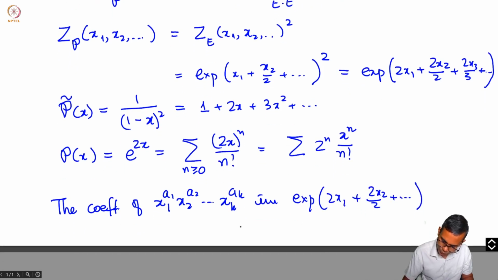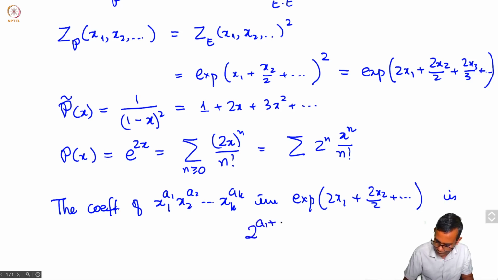This is just equal to, if you think about it a bit, you'll see that it's equal to 2 to the power a1 plus a2 plus ak.